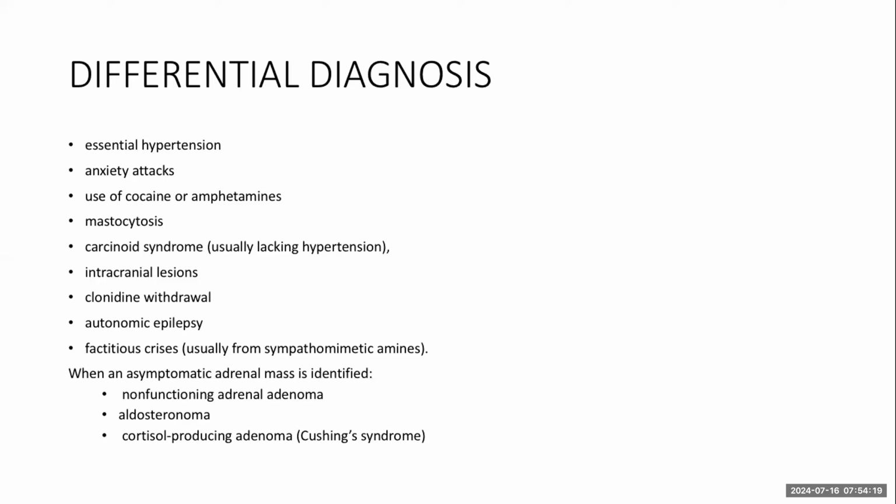Then when an asymptomatic adrenal mass is identified, the differential diagnosis would include a non-functioning adrenal adenoma, aldosteronoma, and a cortisol-producing adenoma.